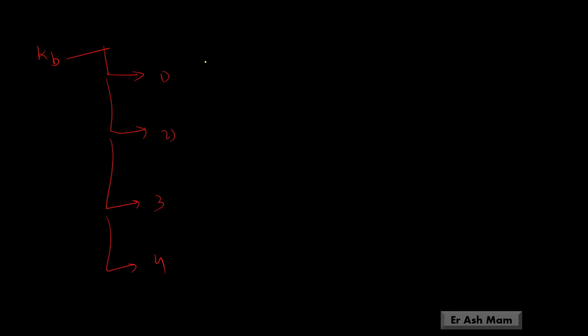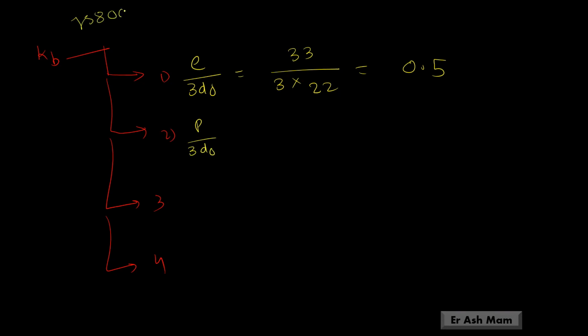Let's write one by one. The first one is e upon 3 d0, where e is the edge distance 33, which is 1.5 times the diameter of hole, and d0, the diameter of hole, is 22, which equals 0.5. The second criterion is p upon 3 d0 minus 0.25, where p is the pitch 60, so 60 upon 3 into 22 minus 0.25, which equals 0.65.